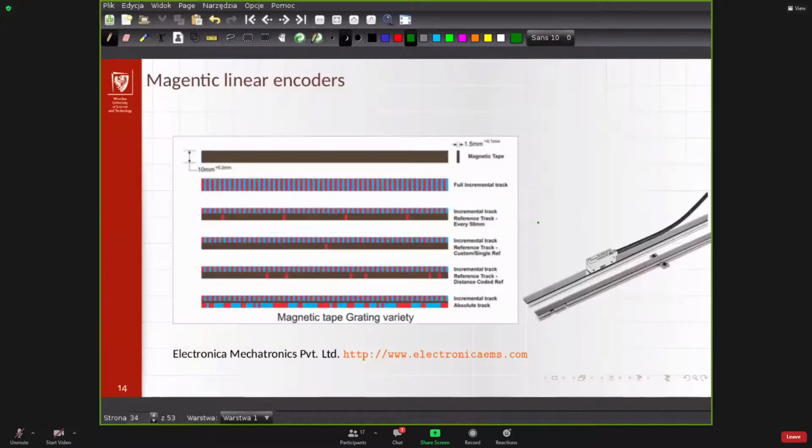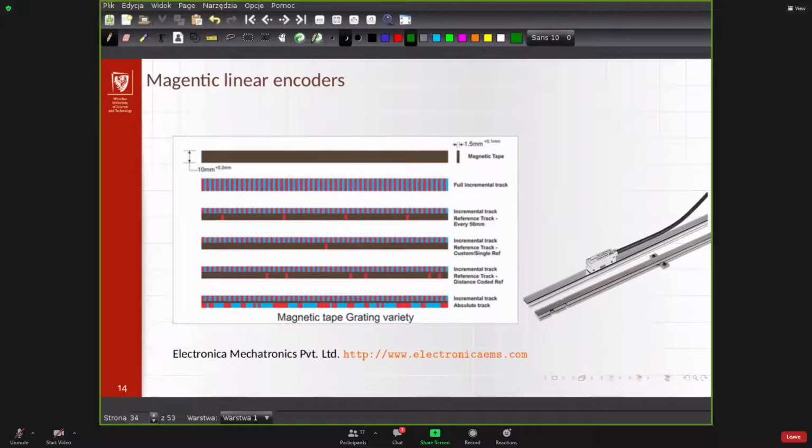Okay, so when we have the magnetic encoders, they work in a similar way. There's a linear magnet with the north and south polarization interchanging, as you can see in here, and just sliding along this line, you just get the proper impulses.